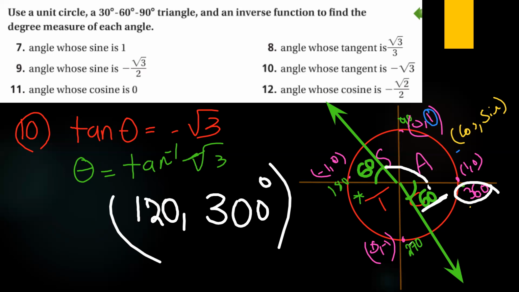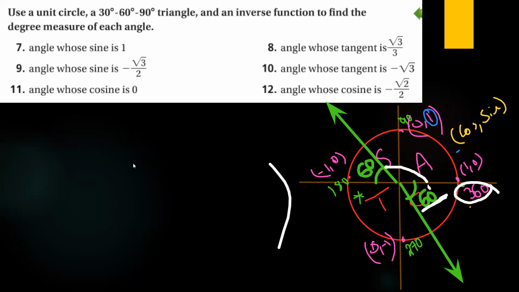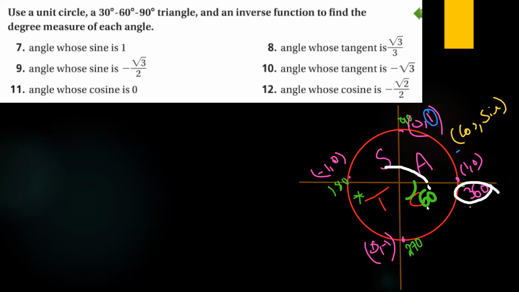Is it clear? Yes, teacher. Okay. Teacher, the one that is after the angle 60 in the 270 and 360, it's nothing, right? It starts from 30, then 45, then 60.